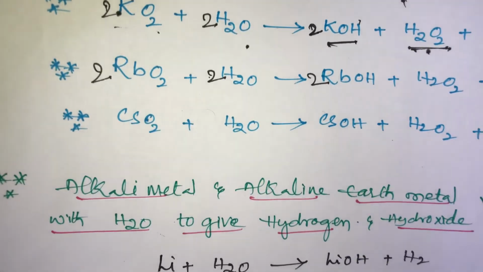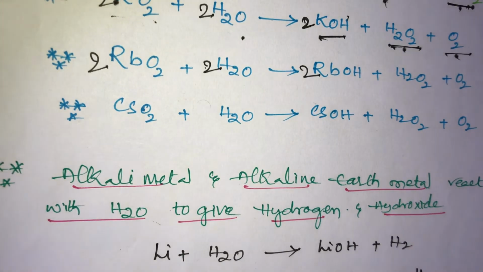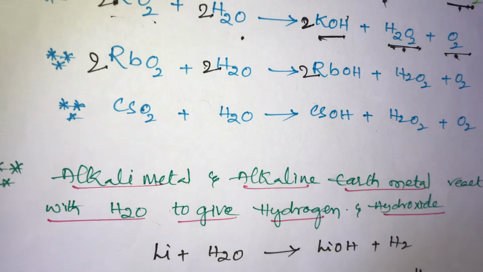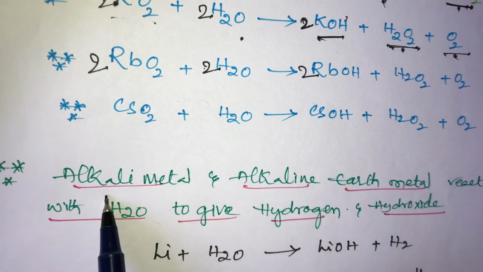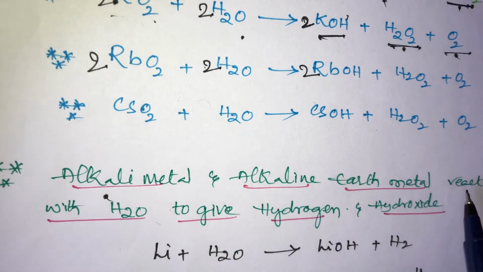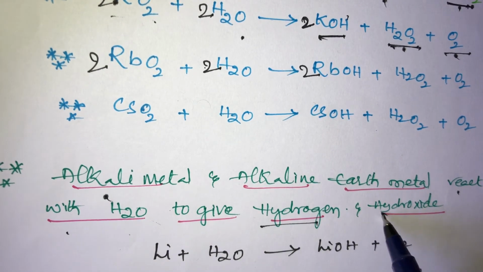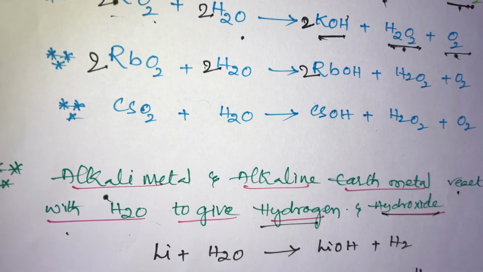Now alkali metals and alkaline earth metals. Alkali metals, next continuation, students: alkali metals and alkaline earth metals react with water to give hydrogen gas and metal hydroxide. It is also very important, students.